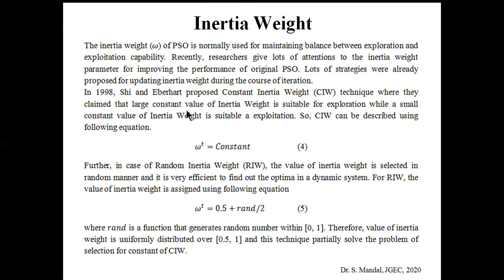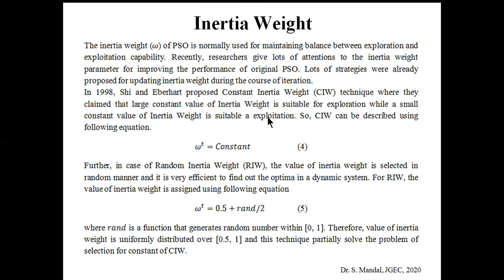First of all, in 1998, Shi and Eberhart proposed constant inertia weight, that means the value of the weight will remain constant during the whole iteration. That is the constant inertia weight, or CIW. Here they use a large constant value of inertia weight, which is suitable for exploration, while a small constant value of inertia weight is suitable for exploitation.